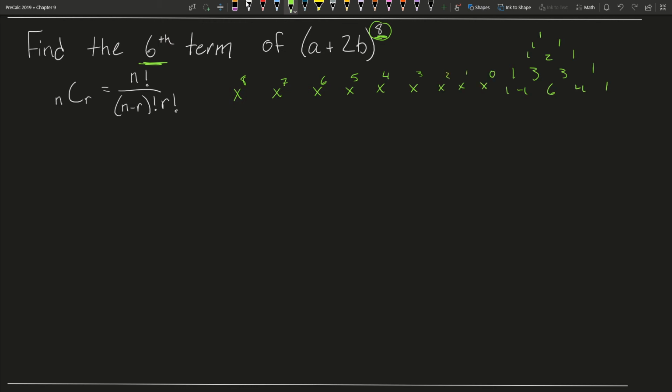And we are looking for the 6th term. So even though this is really what I would consider the 0 term, we're looking for the x cubed of the terms.